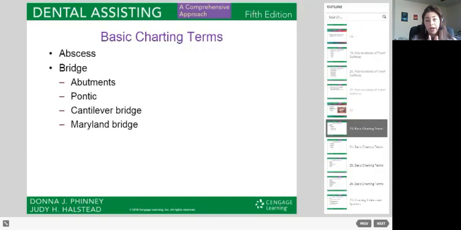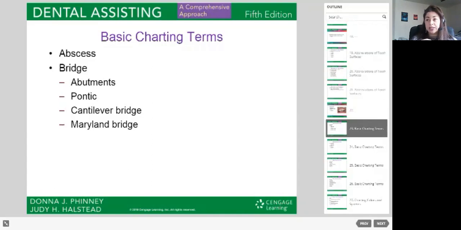If you're missing a tooth, you can put crowns on either side of the missing area and fill it in with a fake tooth in the center. So the abutment is the fake tooth in the center that gives the bridge the span across that empty space. Pontics are the other 2 teeth on each side of it. So you'll have at least 2 pontics and 1 abutment per bridge at minimum.